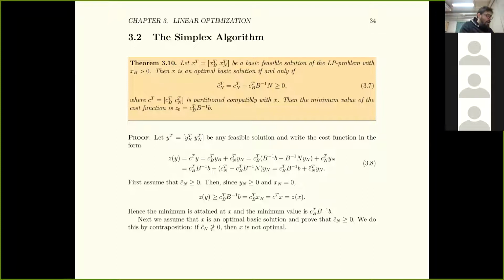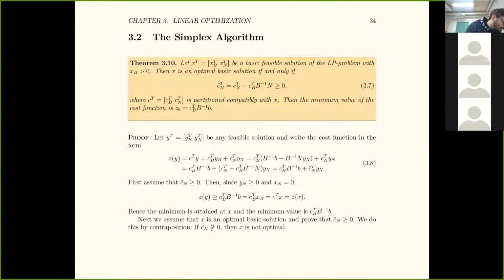So let's look at the cost change. What happens to the cost change? I had here the cost change, so I'll rewrite it a little bit. I'll write this as Cn transpose delta XN plus Cb transpose delta XB, right? And now I'll slip in this delta XB.